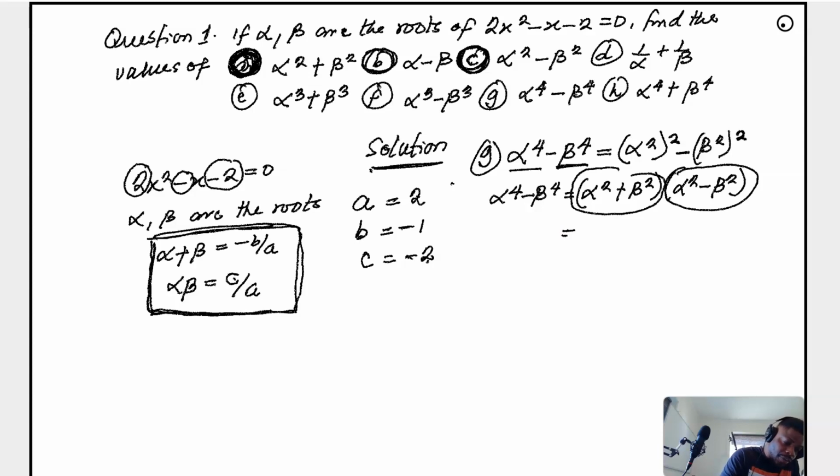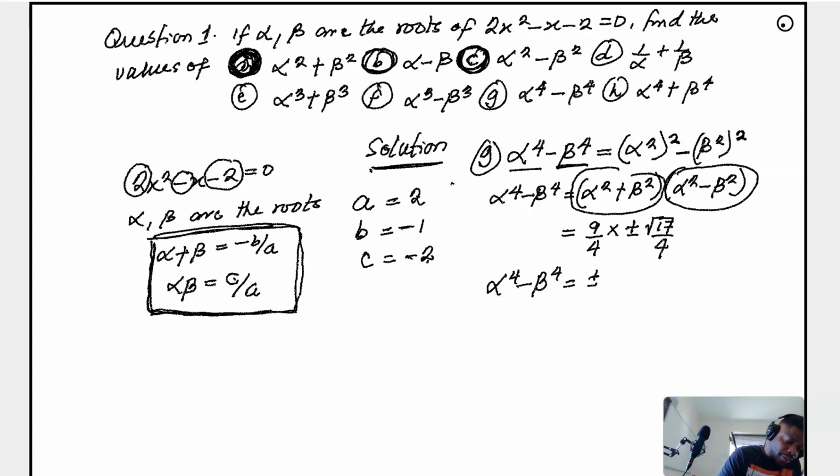So we can just put value. So for question A, if I remember, we got 9 over 4 times. For question B, which is alpha square minus beta square, we got plus or minus root 17 over 4. So plus or minus root 17 over 4. So in this case here, I can write 9 times plus or minus root 17.